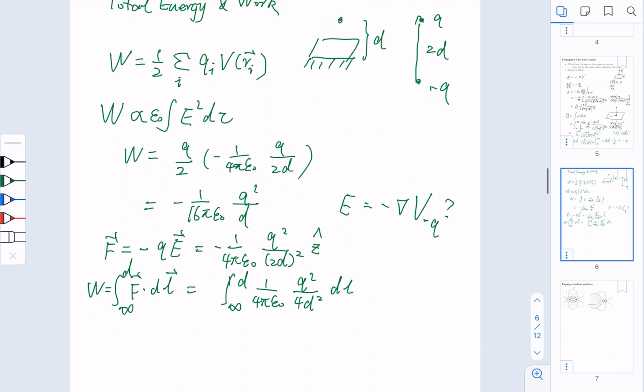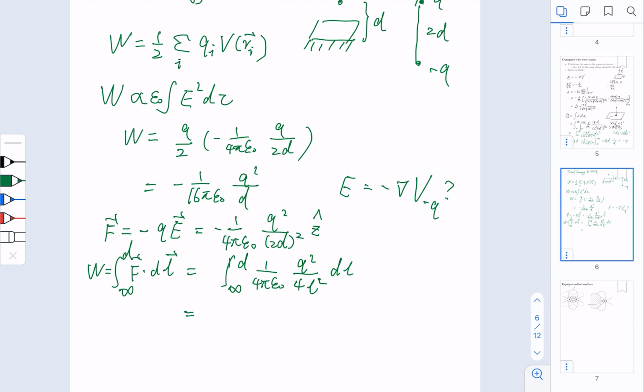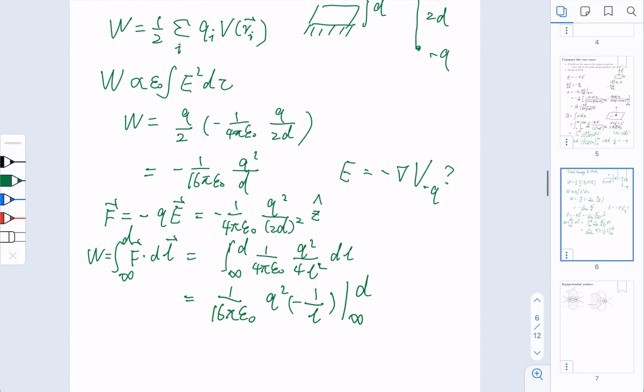Yeah, sorry, this should be, now if we integrate this, then this gives, so you can check that indeed this agrees with what we obtained before.